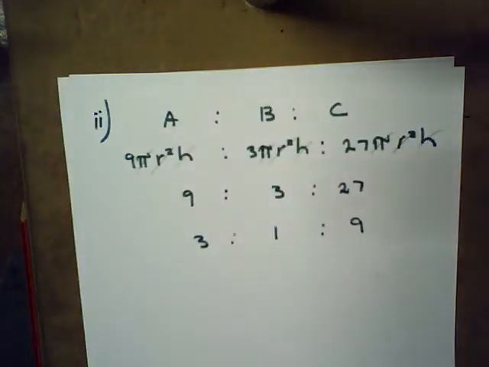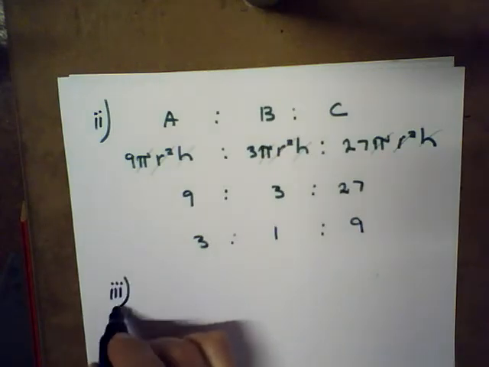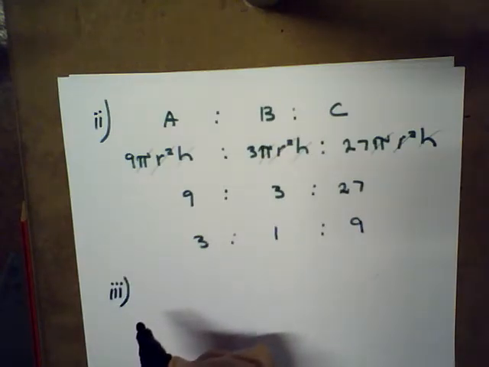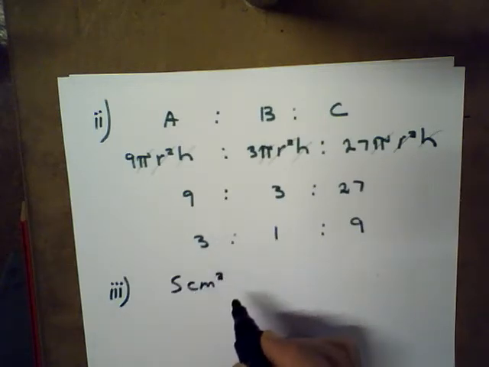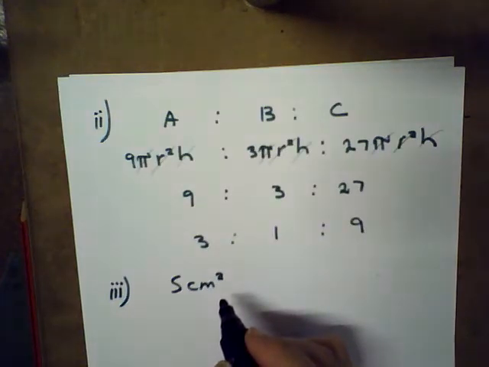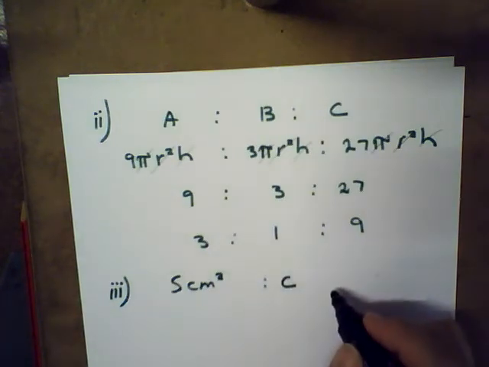Good, so question 3 asks us, the surface area of a standard pot is S centimeters squared. Write down in terms of S the surface area of the similar pot. The standard pot would be S. The similar pot would be number C, because C is just 3R and 3H, and they are called similar.